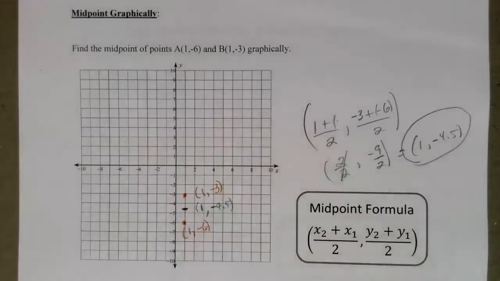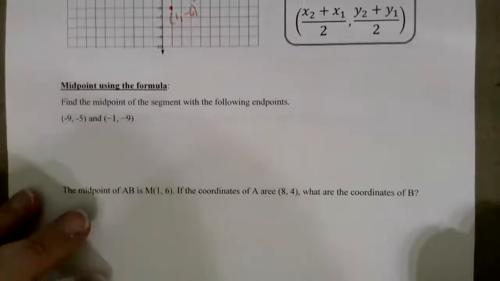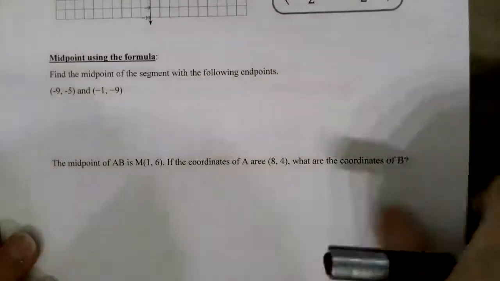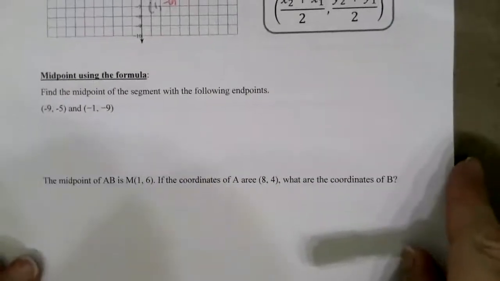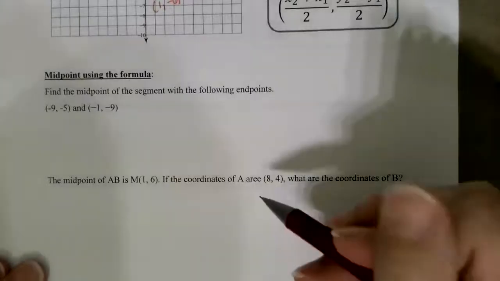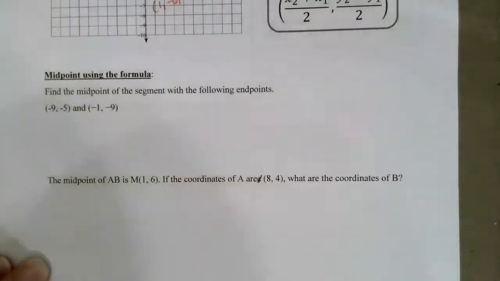All right. If you're having issues with this problem, please pause the video and talk to your math teacher. Otherwise, I'm going to go on and do some problems without the graph. I'm noticing I have a typo there.